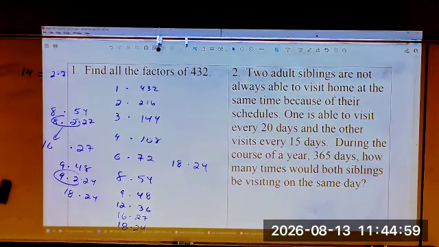You're looking for a common multiple. When, or how many times, can 15 and 20 go into the same number, from 1 to 365?